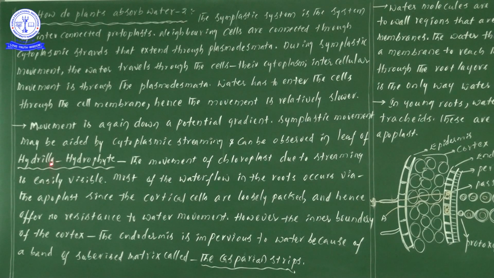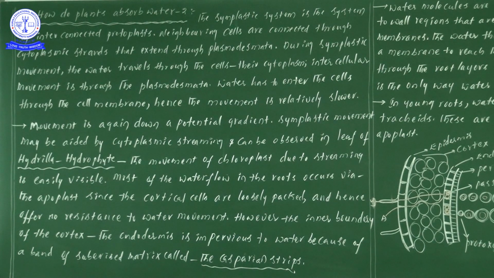Now, Hydrilla is a hydrophyte. Hydro means water, so the plants which live in water we call hydrophytes. I will definitely show you one video, but you have to remind me. Next, the movement of chloroplasts, due to the streaming of water, is easily visible.